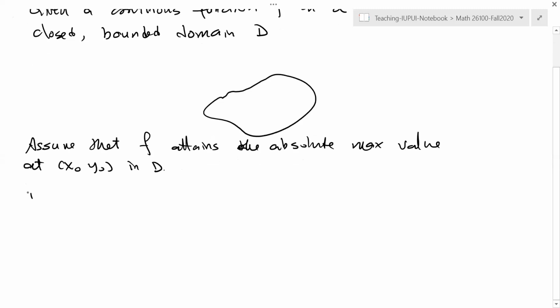So case one, if this is in the interior of D, then what happens?